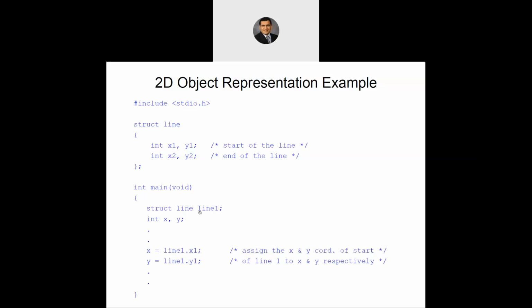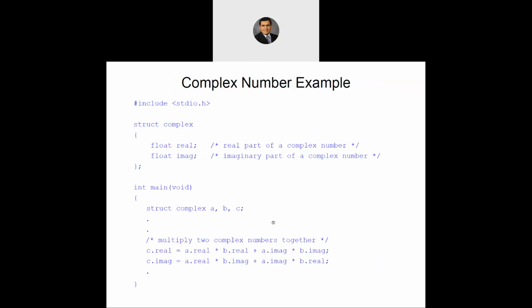Now that means line1 can access the variables x1, y1, x2, y2. Why? Because it's a variable of line. It can access everything inside here. The only thing you have to remember is you have to separate it with the dot operator. Line1 dot x1 can be stored in the x variable, and so on. So this makes structures a very sophisticated programming data structure. Another example, you see what I'm doing.